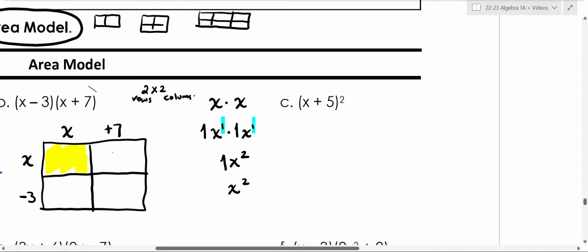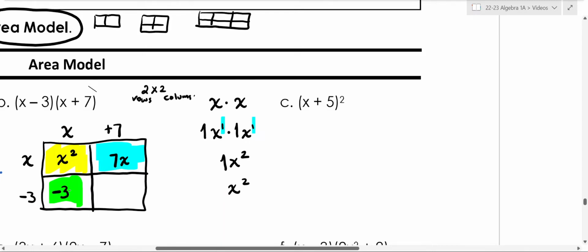Okay. X times 7, oops, sorry, I forgot to write it down. It's going to be 7x. And so this one came from the x and the 7. Now, this one comes from the negative 3 and that x. So what's negative 3 times x?